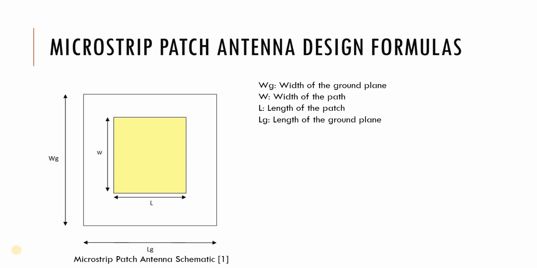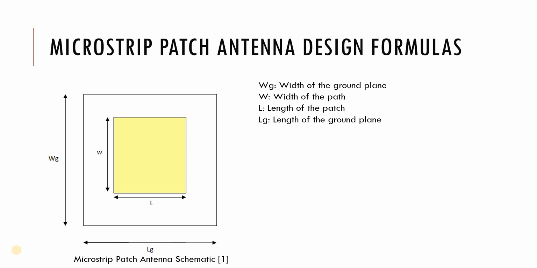The patch is the yellow one, the patch metal, which has a length of L and a width of W, and sits on top of the substrate. It's a dielectric circuit board which has a thickness, let's say H, for the height of the substrate, and the permittivity epsilon R for our dielectric. The thickness of the ground plane or of the microstrip is not critically important because it's a metal.